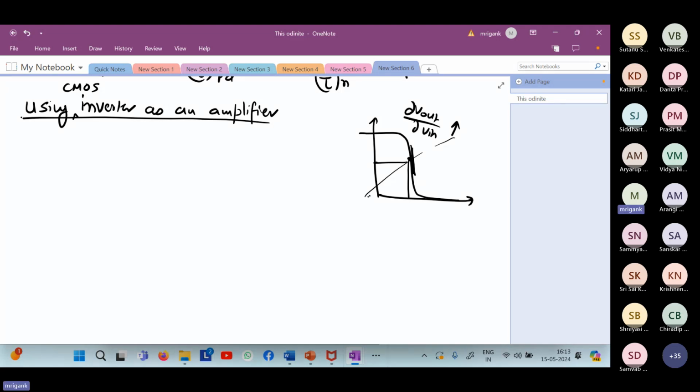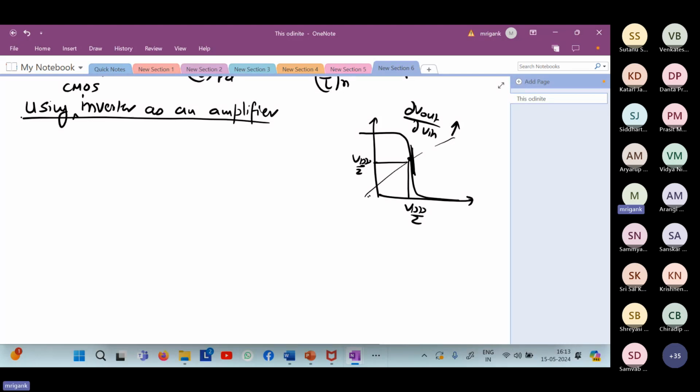Assuming that it is sized such that this is close to VDD by 2, suppose we have sized it such that the V out equal to V in point is cutting it at this VDD by 2 point.